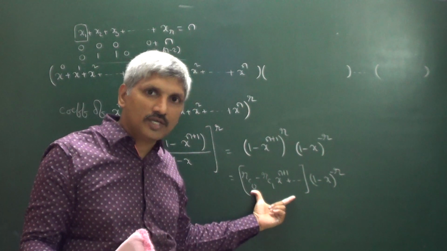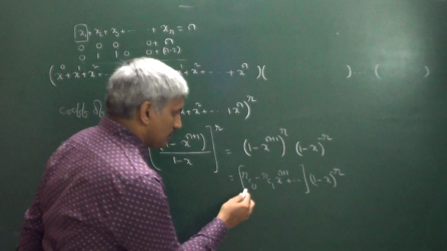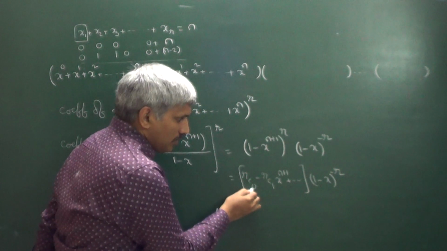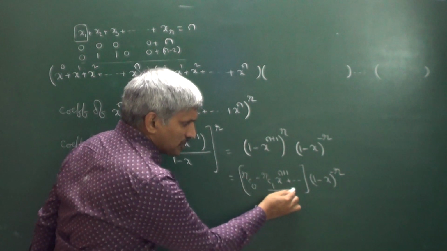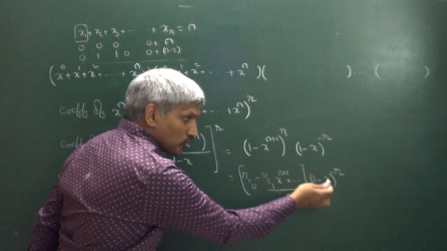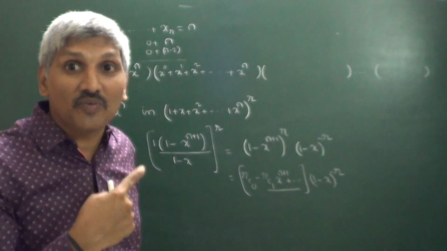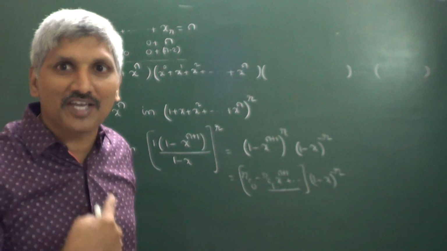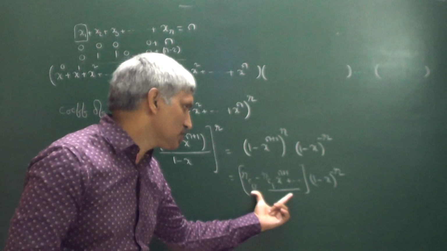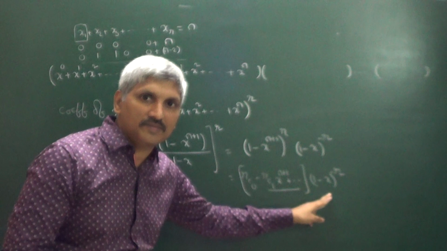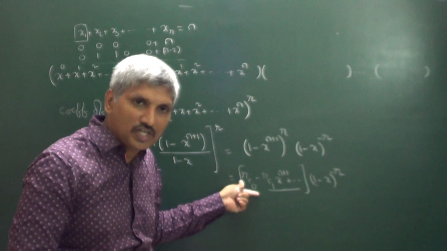But here you can see, except the first term, if you multiply these terms with this, you will get the power as more than n. We require the coefficient of x power n only. These two we are multiplying, except the first term.